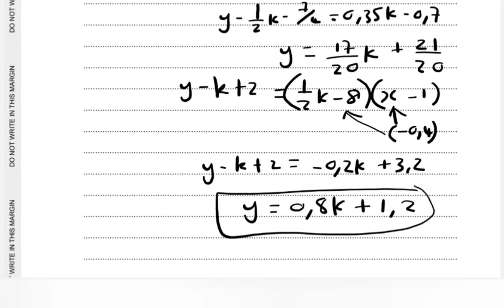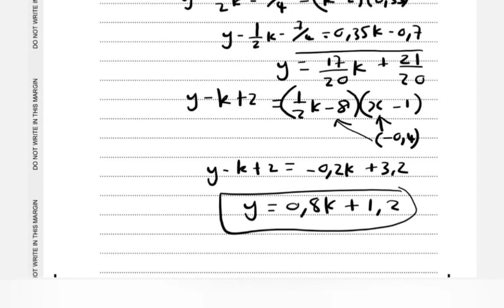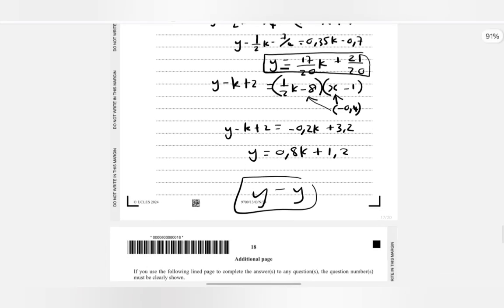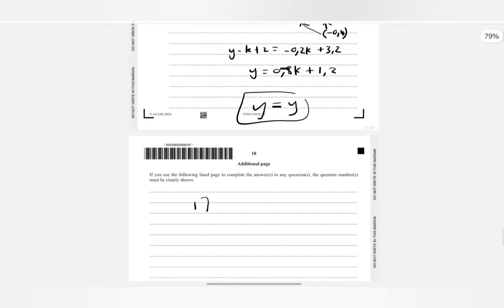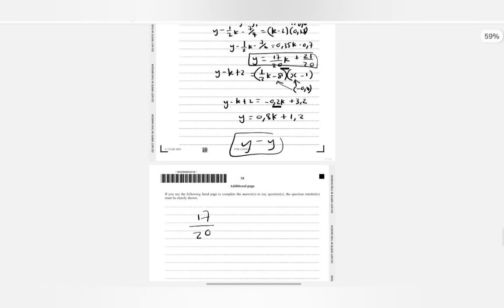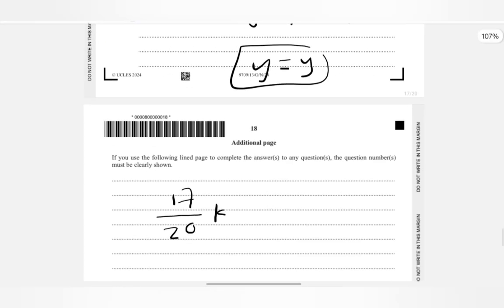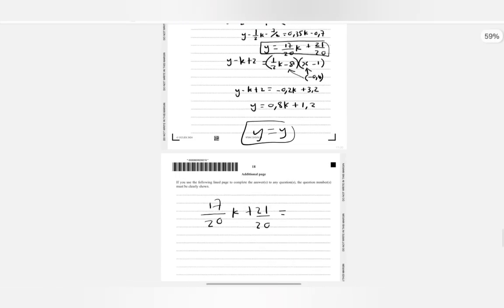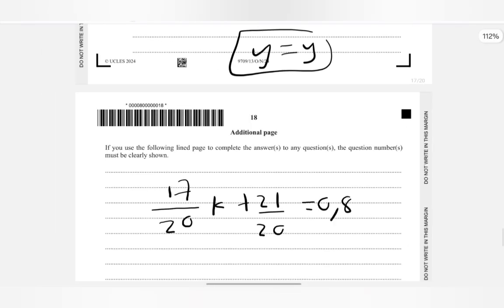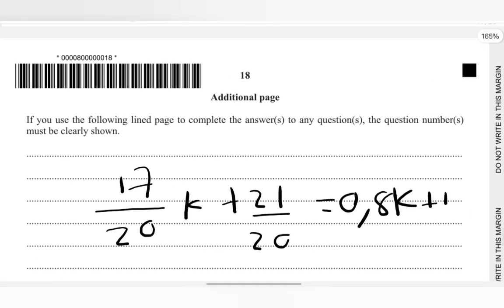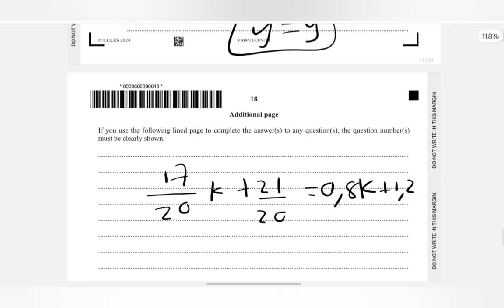Now we're just going to equate these two. Since they are meant to be equal, they share an x value, right? So 17 over 20 k plus 21 over 20 should be equal to 0.8k plus 1.2, like this.